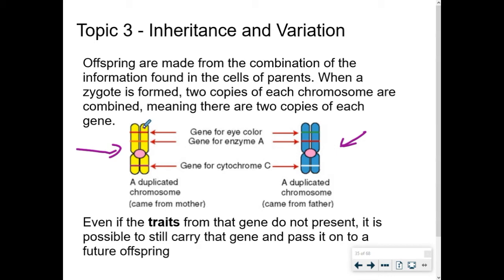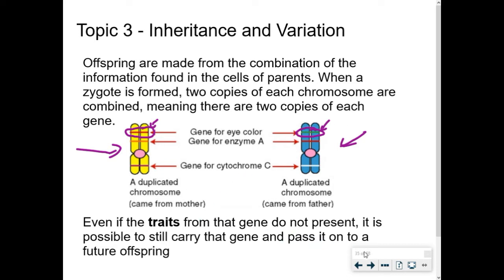So from mom, you got the gene for red eyes. I know that's not usually a thing, but let's just go with it. And from dad, you got the gene for green eyes. I'm just saying how the colors are different here. So for mom and dad, you have 2 different genes. We have competing recipes.